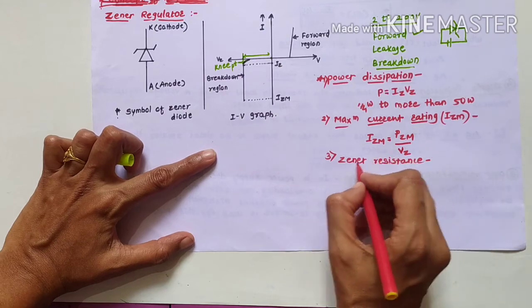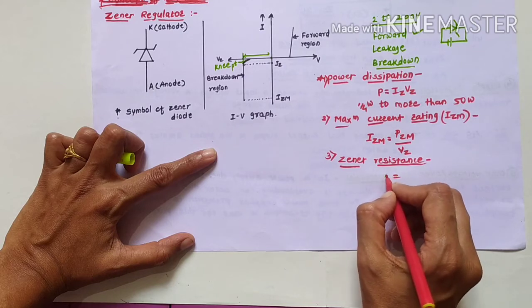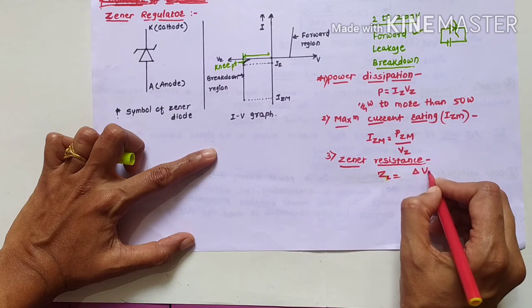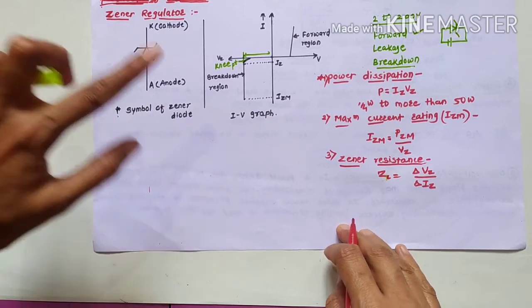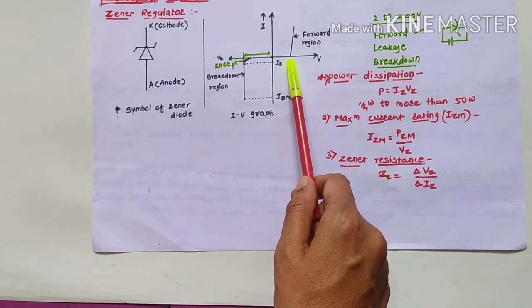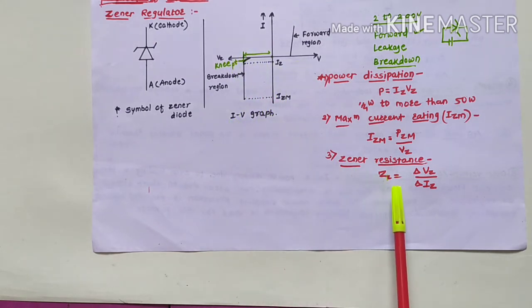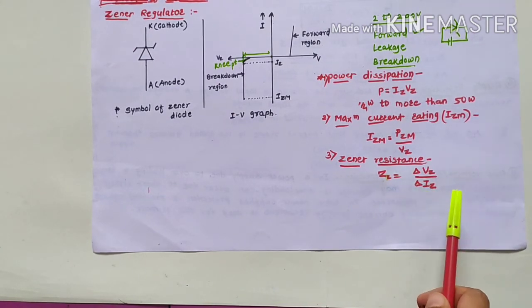Zener resistance is given by the change in the voltage across the Zener diode to the change in the current. Zener resistance, also called Zener impedance, is specified at the same test current IZT used to measure VZ. Dynamic impedance Z is given by delta VZ upon delta IZ.